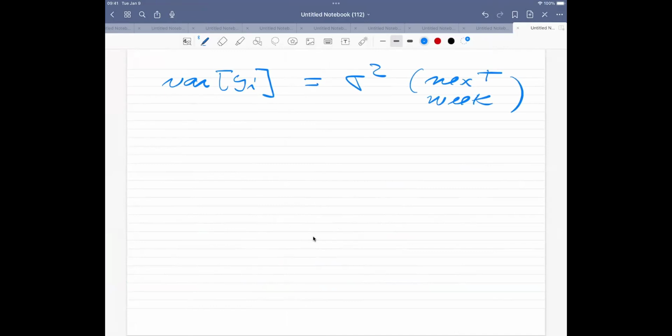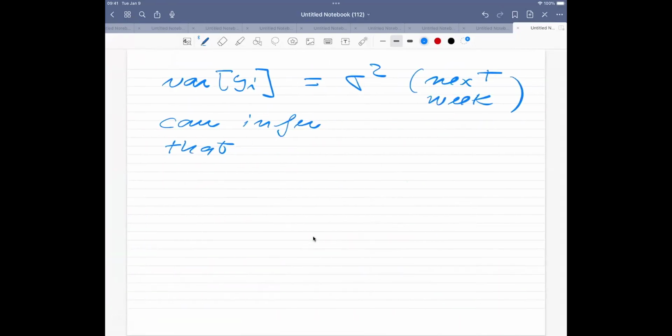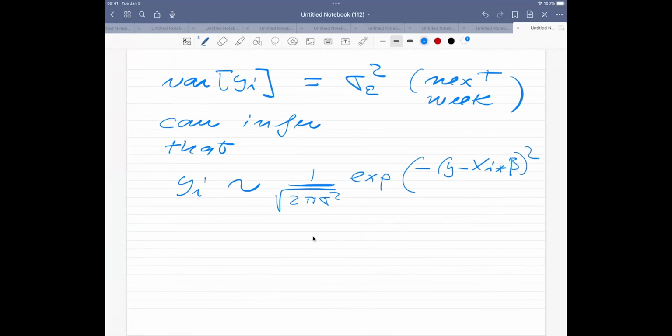And this means that, since this is the variance of the epsilon, we can infer that y_i follows a normal distribution: the square root of 1 over 2 pi sigma squared, times the exponential of minus (y minus x_i times beta) squared divided by 2 sigma squared.